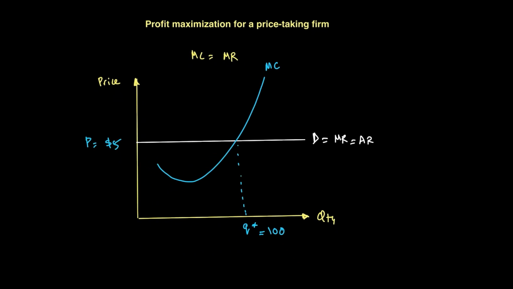But the question we should ask is how much profit will be maximized at Q star, and for that we need to draw our average cost curve.